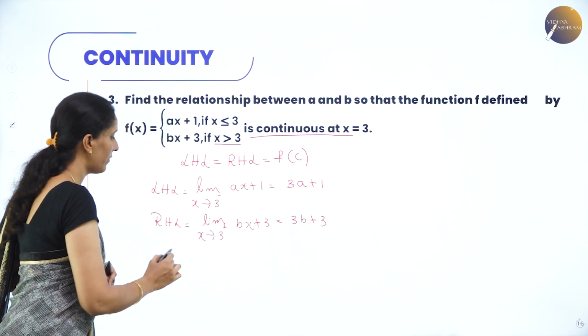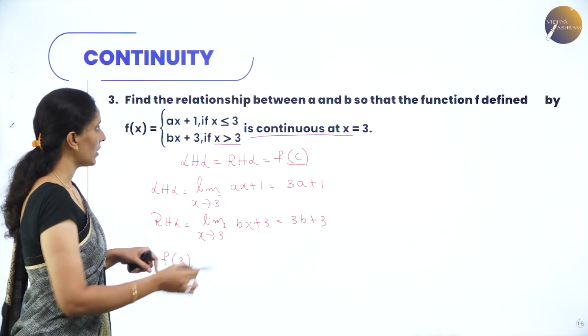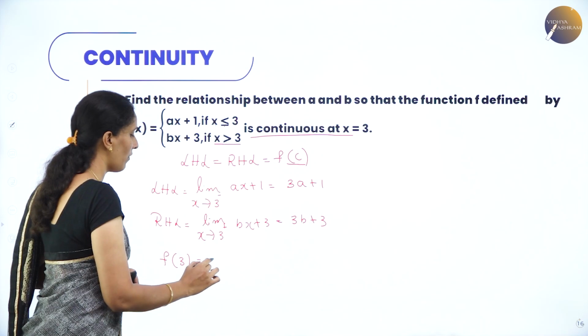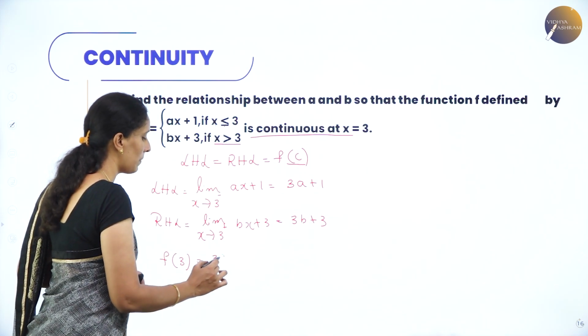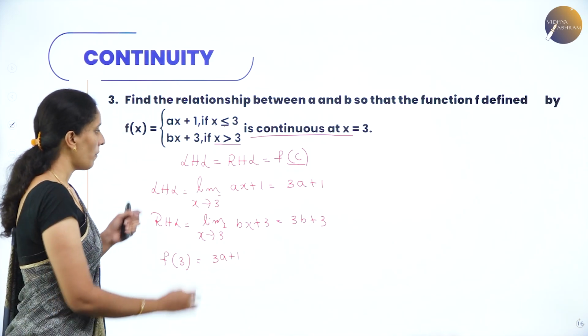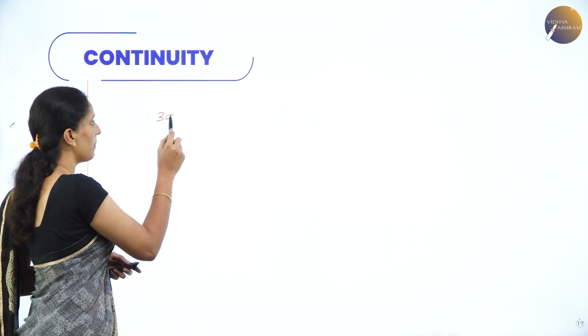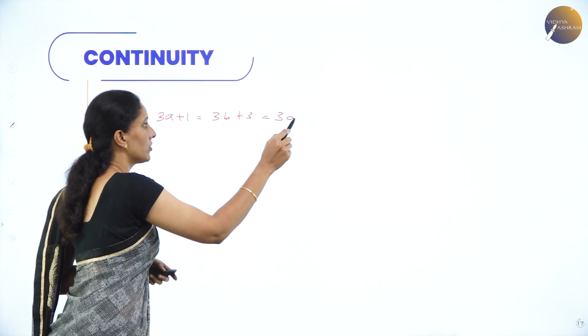And what is the value of the function? That is f of 3, which means at x equal to 3. Whenever x is equal to 3, the function is in the form of ax plus 1, which can be written as 3a plus 1. Now, by using this definition, we can write 3a plus 1, 3b plus 3 is equal to 3a plus 1.